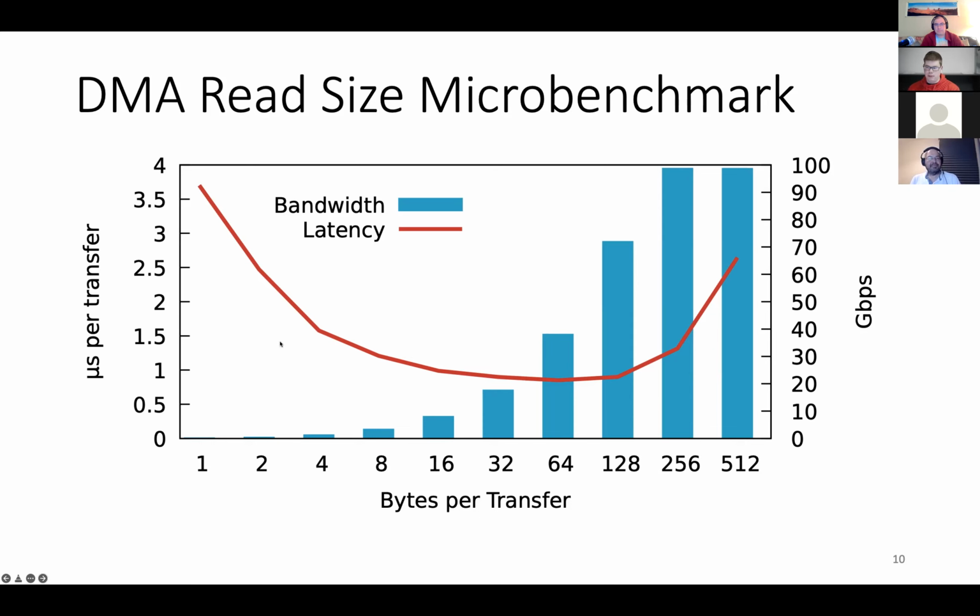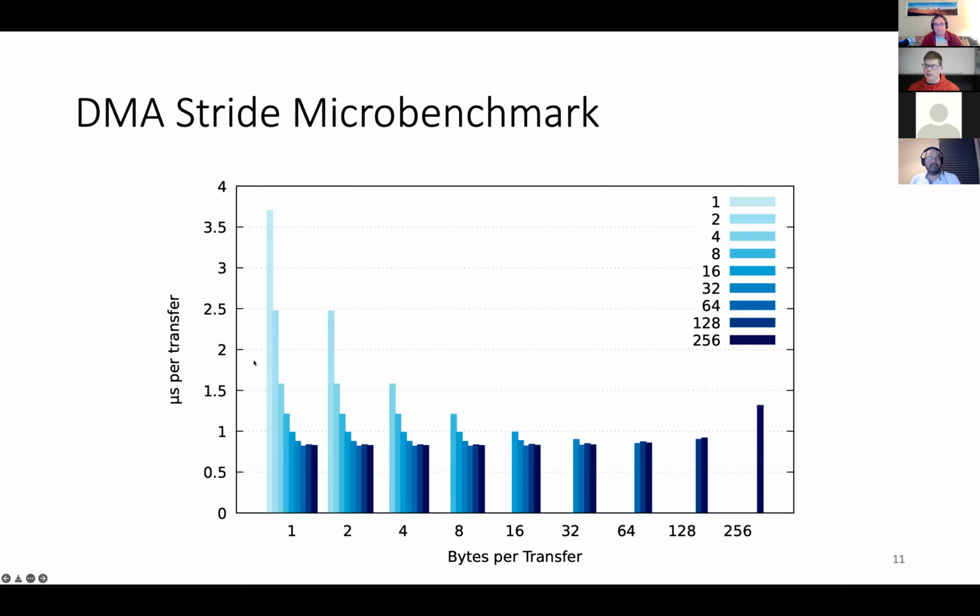So we did some more benchmarks to figure out why that is, and it turns out it happens if you hit the same cache line. Here again we have the number of bytes in one transfer, but this time instead of reading contiguously one byte after another, we have gaps. For example, if we read 2 bytes and have a stride size of 64 bytes, then each time we read 2 bytes and skip 62 bytes.